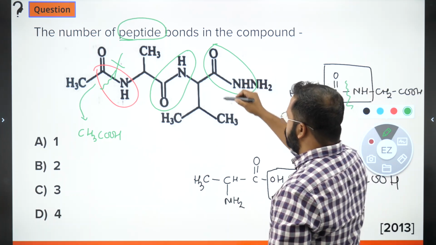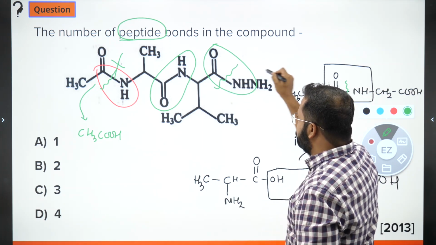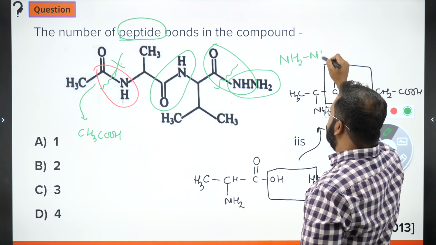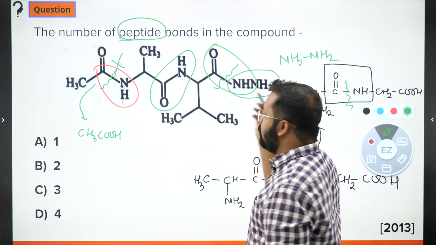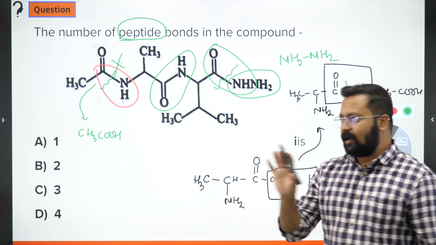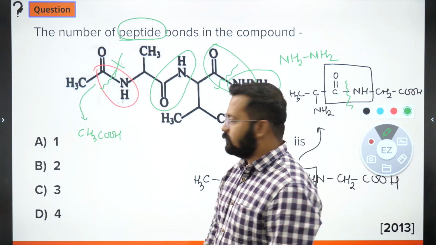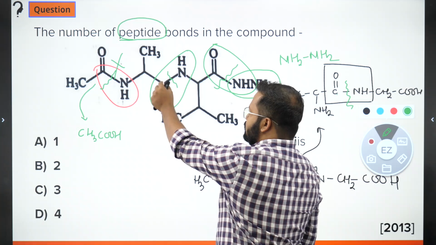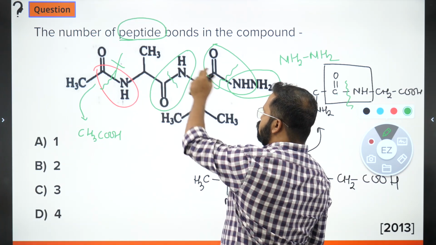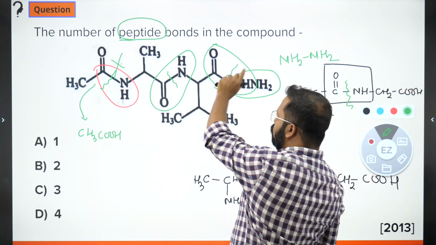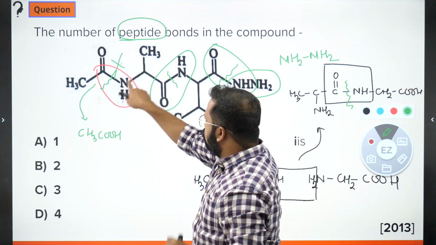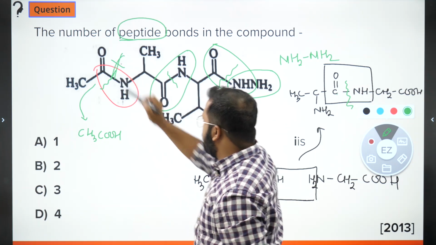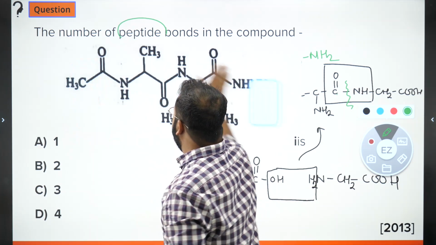Okay, let's take this one. If I break this, this part will change into hydrazine, NH2. So this amide linkage will also not be considered as a peptide linkage. What about this one? If I break this, I would get C double bond O, OH, NH2. यहाँ पे एक C double bond OH unit आ सकता है, and if I break this, I will get, so this part, let me erase this.